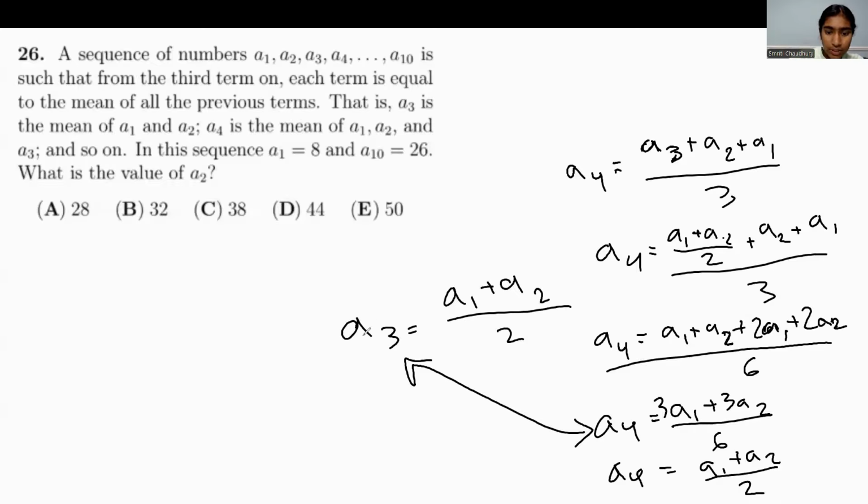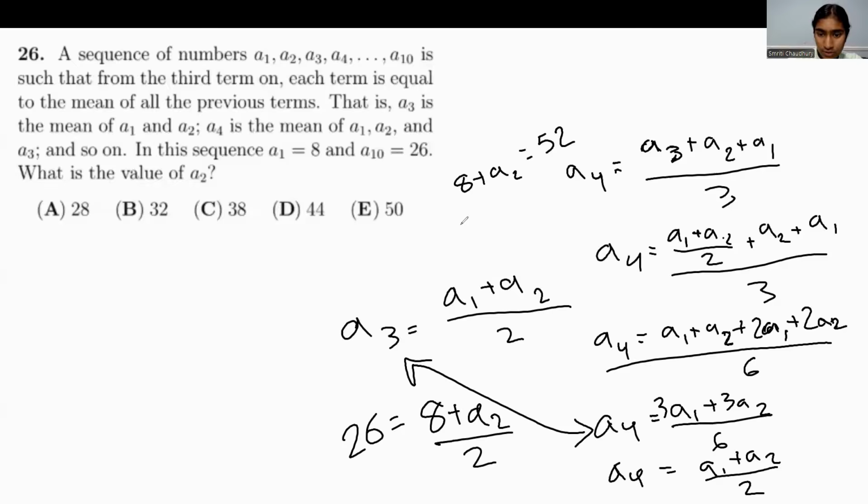So here we know A3 is A1 plus A2 over 2. So we're saying 26 equals 8 plus A2 over 2, which means that 8 plus A2 equals 52, which means A2 equals 44, which is D.